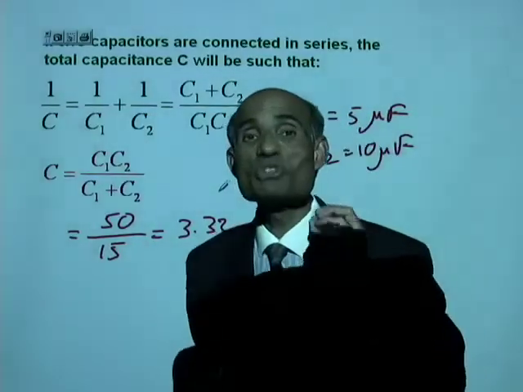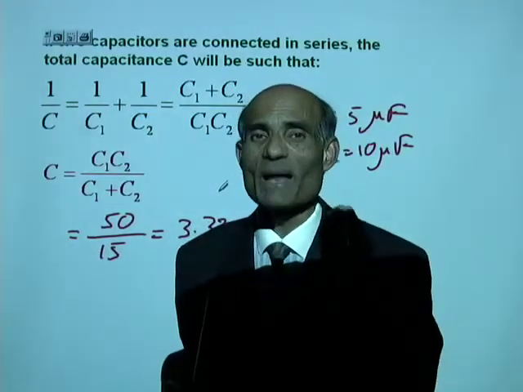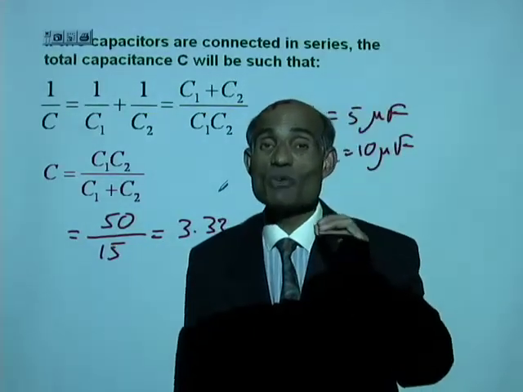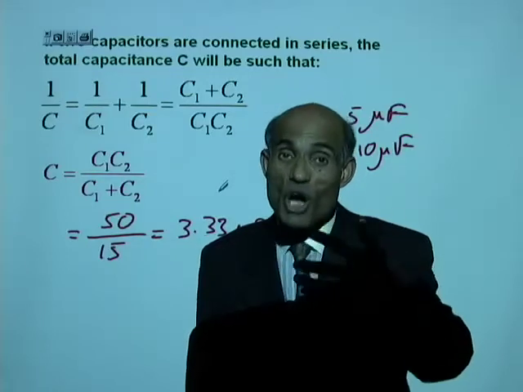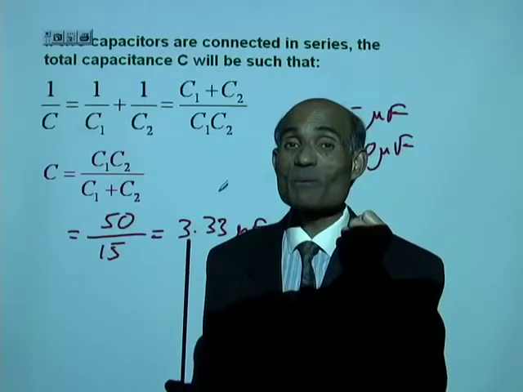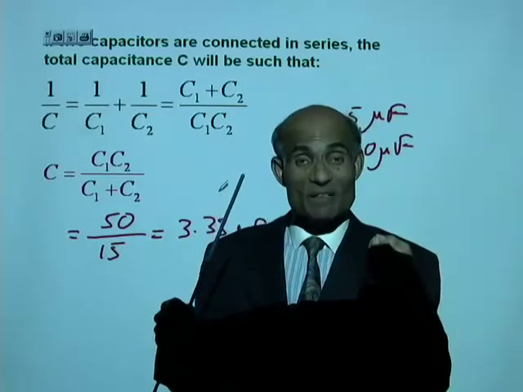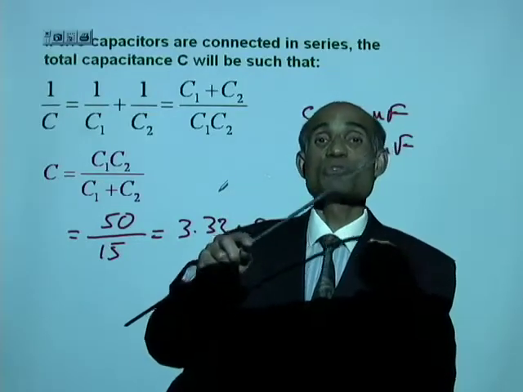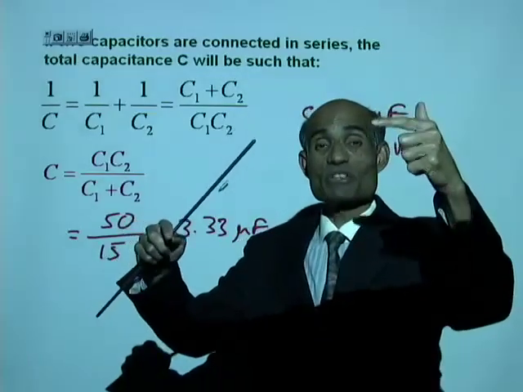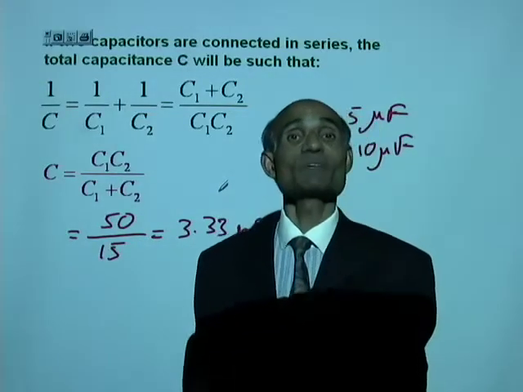So tell me, what is the use in connecting capacitors in series? Why do you want to do that? Well, sometimes you may need a value of a capacitor that is not in your stock. You want a very small value of the capacitor that is not in your stock. You can obtain the desired value by connecting 2 or 3 or 4 high value capacitors in series to give you your desired value of the capacitance.